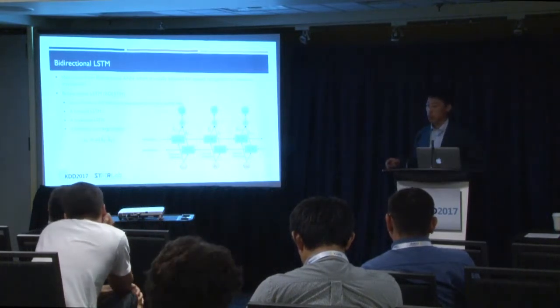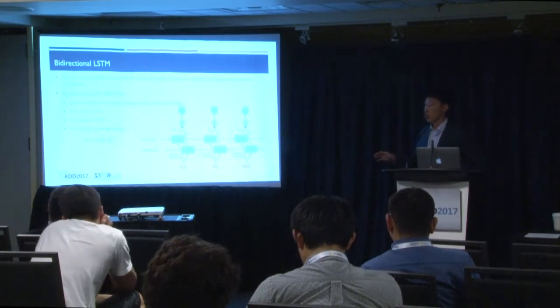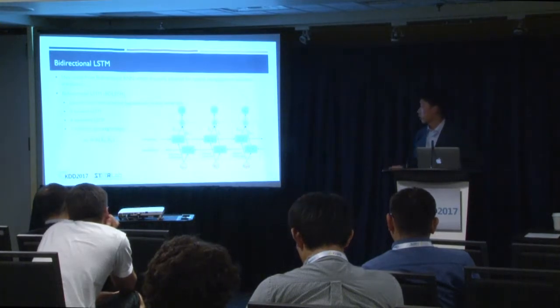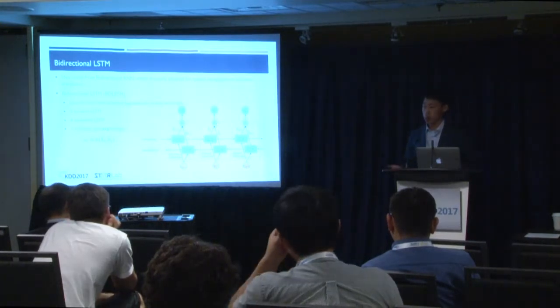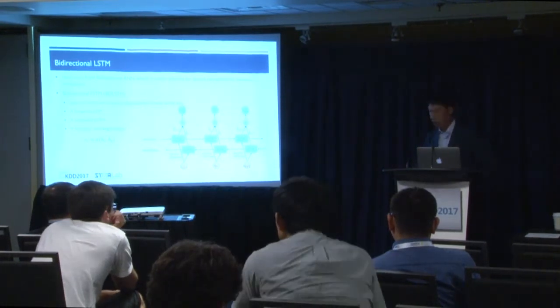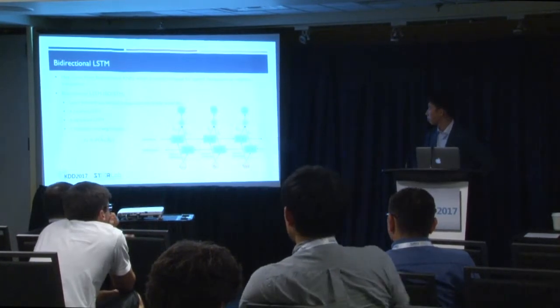The outputs of the 2 layers are combined by the sigma function. The sigma function could be summation, average, multiplication, or others. In our work, we choose the average method.